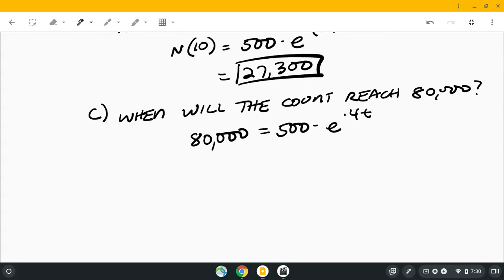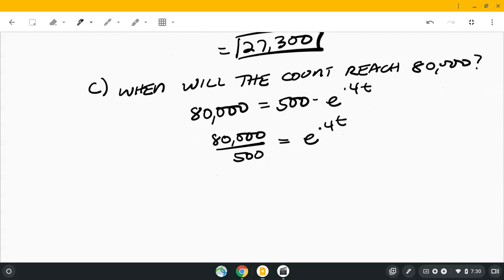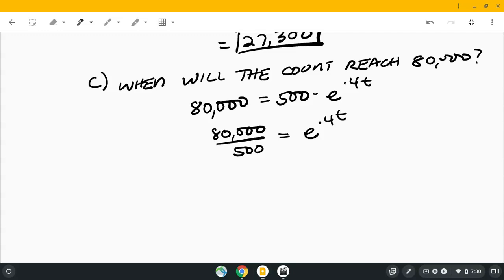I'm going to use ln. Let's divide both sides by 500 to get the exponential by itself. So 80,000 over 500 equals e to the 0.4t. 80,000 divided by 500 is 160. Again, you can just use your calculator this whole time.